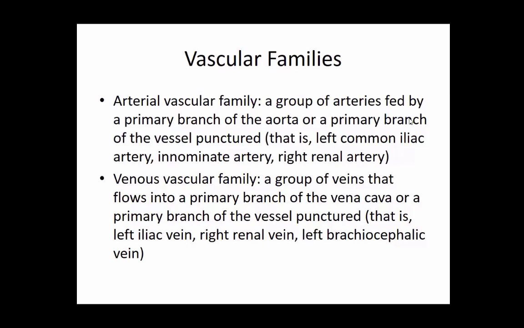I encourage you to look in your code book at illustrations for these different arteries and veins in the body so you have some idea of where these vessels are. A venous vascular family is a group of veins that flows into a primary branch of the vena cava or a primary branch of the vessel punctured, and that can be the left iliac vein, the right renal vein, or the left brachiocephalic vein.